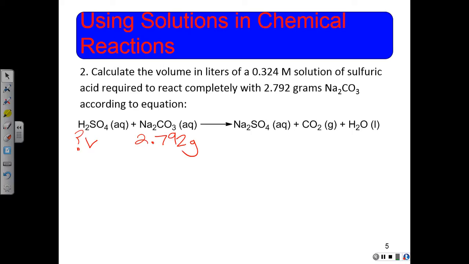We know that we can get from grams to moles pretty easily, right? So that's where we're going to start, because we're given this number here, but that's not really a starting place. We don't have anywhere else to go with that. So we're going to start with our 2.792 grams.